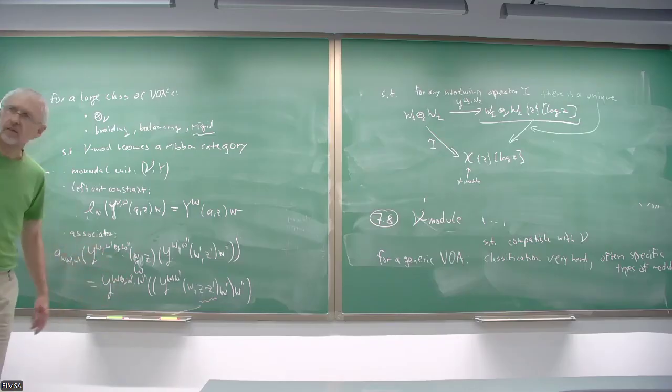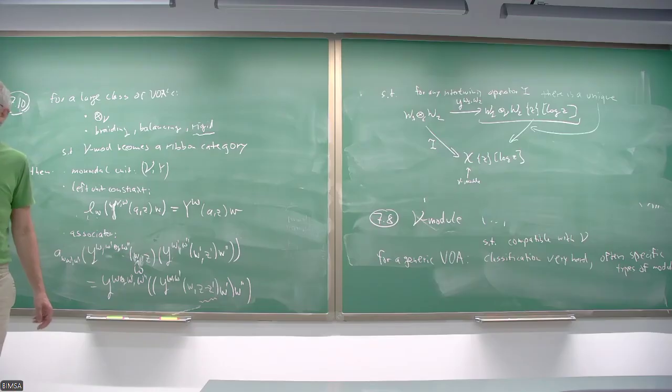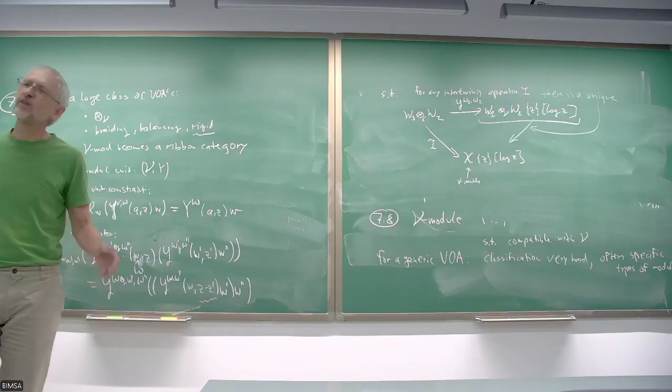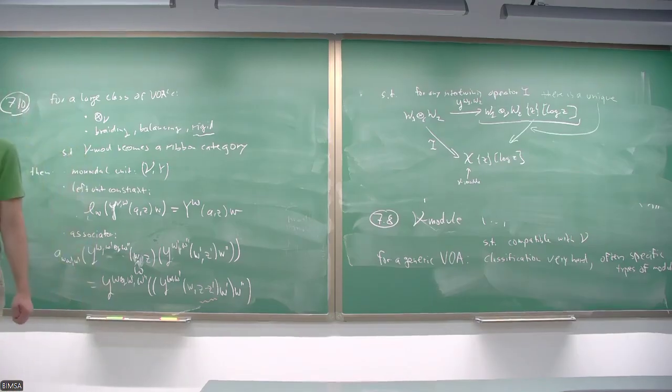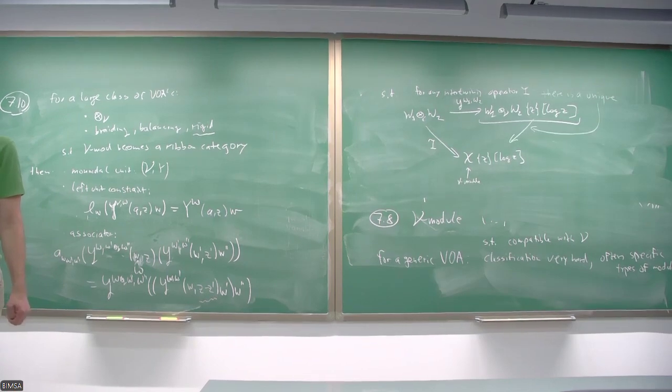But Z minus Z prime, you can interpret as Z times 1 minus Z prime over Z, or differently, and I think you expand that into a series, and that exactly agrees with the left side. So they agree up to some kind of analytic continuation.